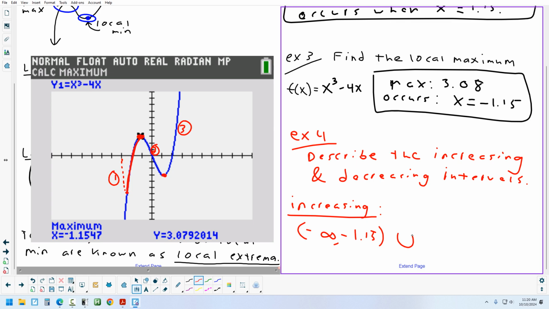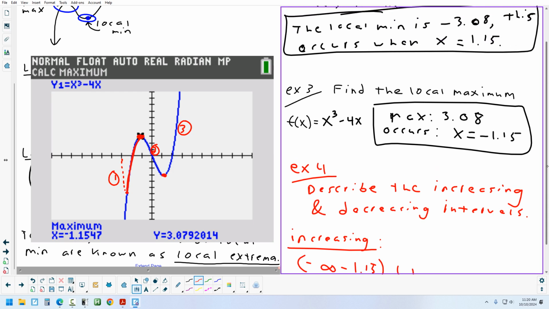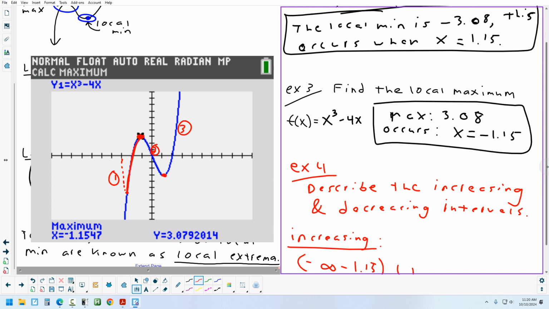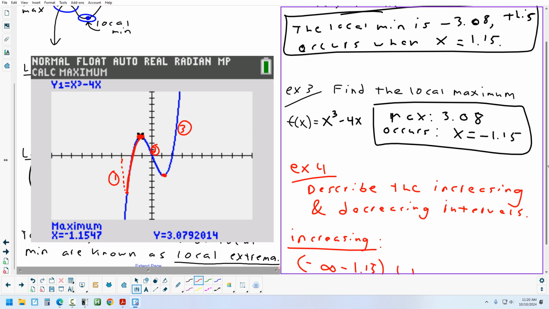And there's another interval where it's increasing too. What section is that? Section 3. What's the lowest x value you could plug in and be in section 3? Negative 3.08?